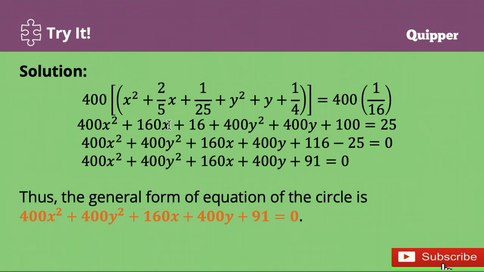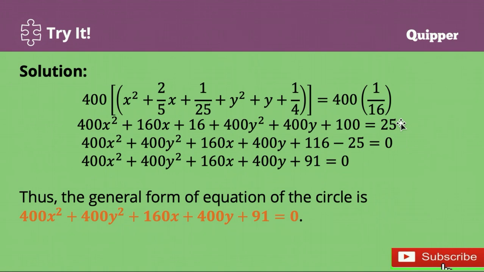And copy x. 400 times 1 is 400, divided by 25 is 16. 400 times y² is 400y². 400 times y is 400y. 400 times 1 is 400, divided by 4 is 100. And on the right side, 400 times 1 is 400, divided by 16 is 25.